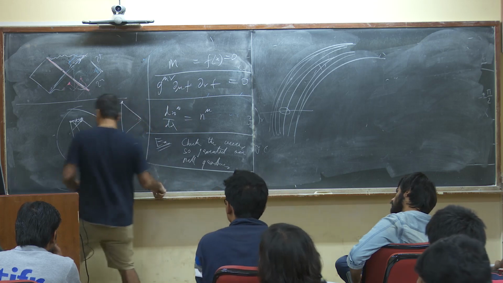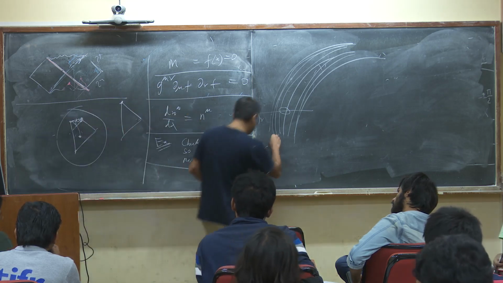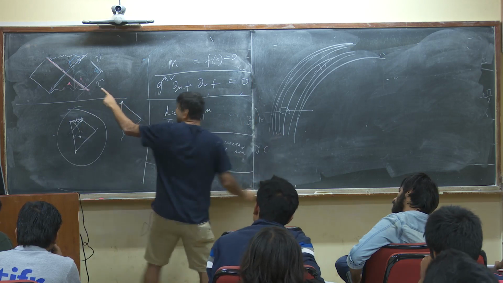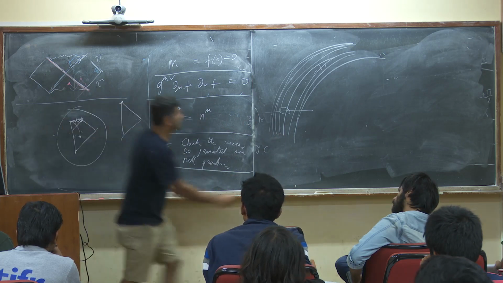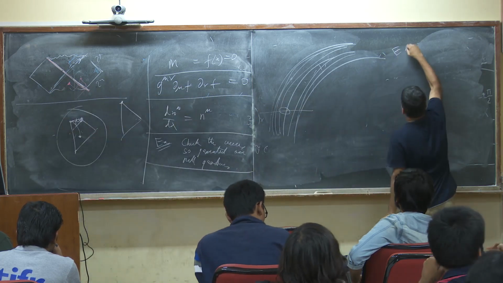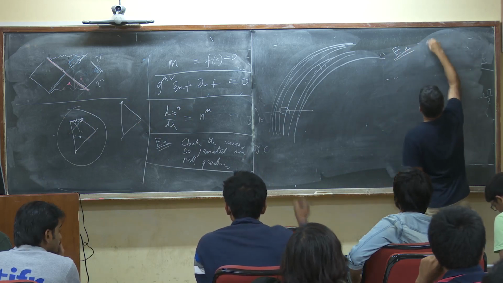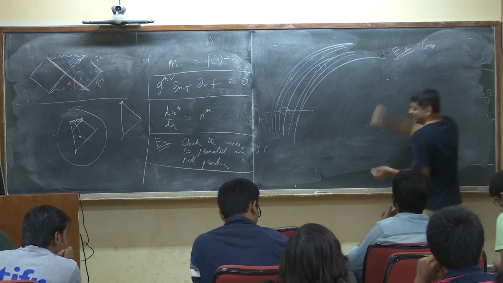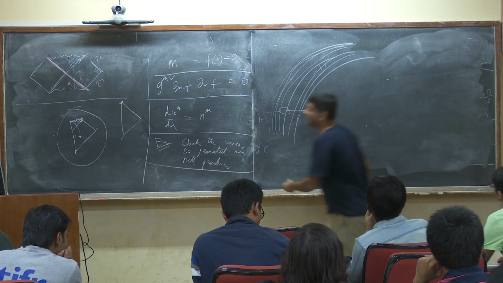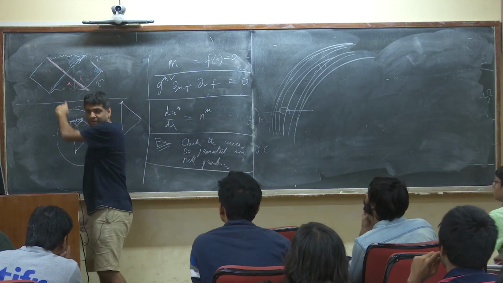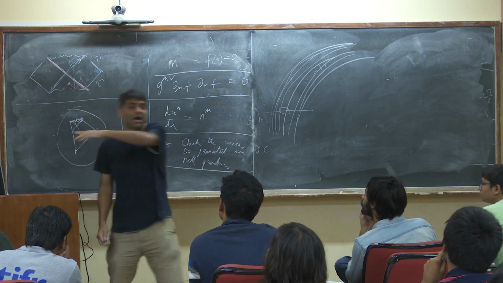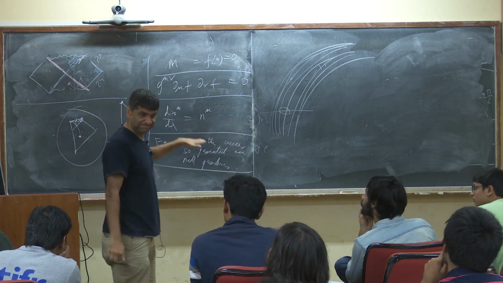It means that because when you compute the area of the event horizon, let's work it out on the board. It's too trivial to be an exercise. We had this on the board. Suppose I take a particular slice.